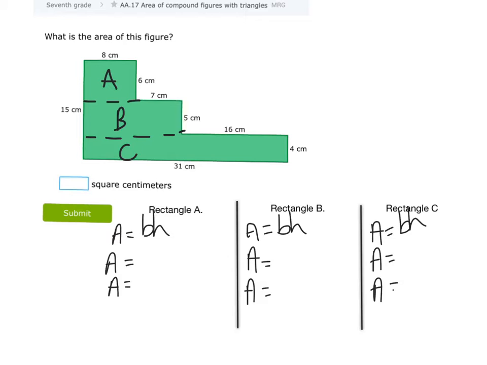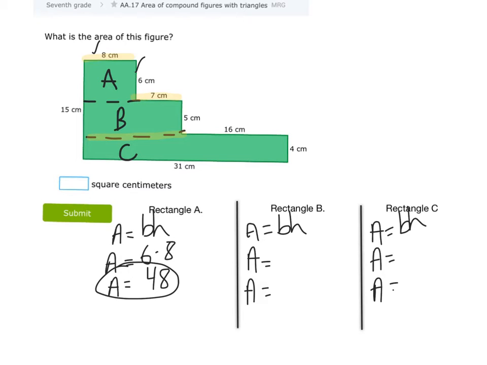So area equals base times height. And for rectangle A, the base is 8, the height is 6. So I do 6 times 8, which is 48. Rectangle B, that one I need to do some math for.